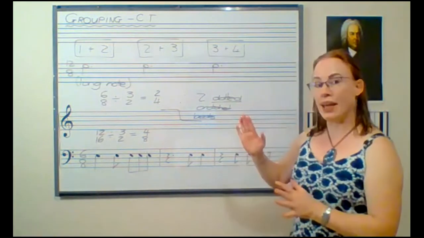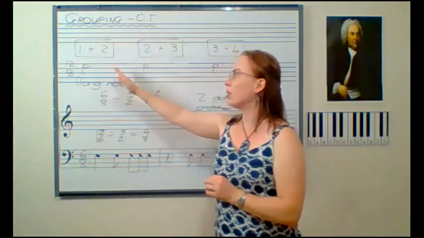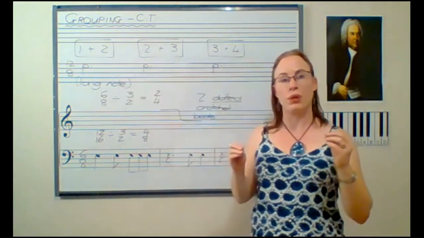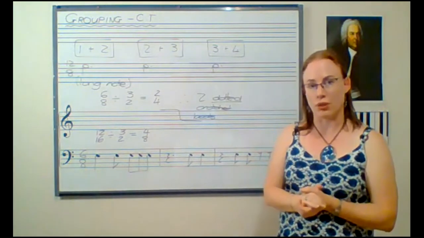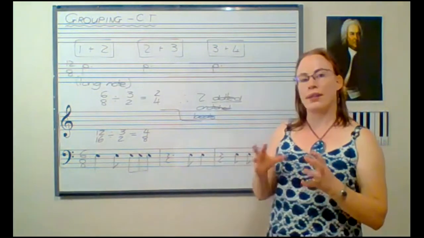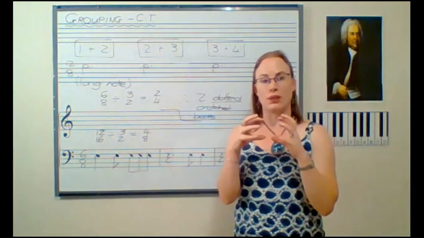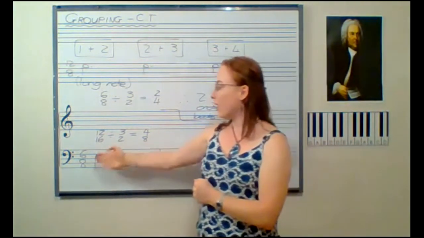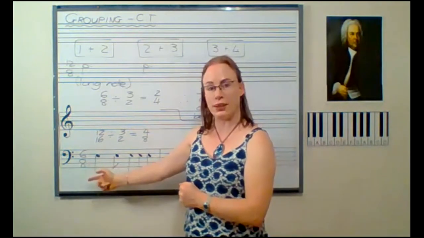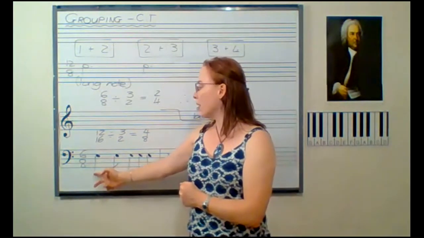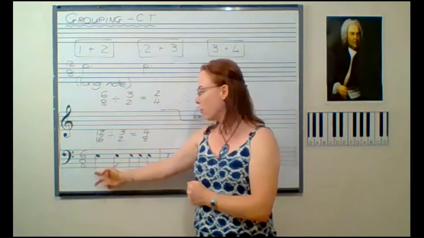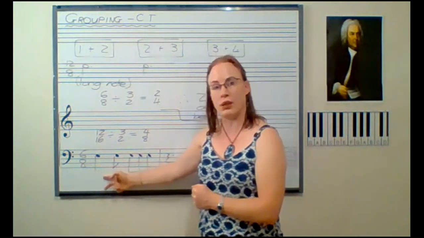Again, think of what we were allowed to do when we had our triple simple time signatures. Think of your beat in compound time as a mini version of that. At the bottom you can see I've got 6/8. You are allowed to group that subdivision 1 and 2. Remember, I can split my beat now into 3.